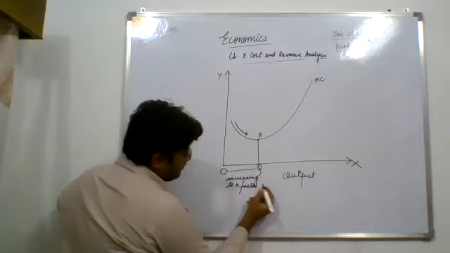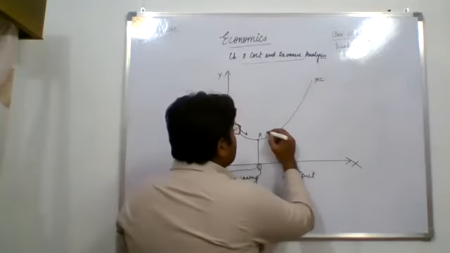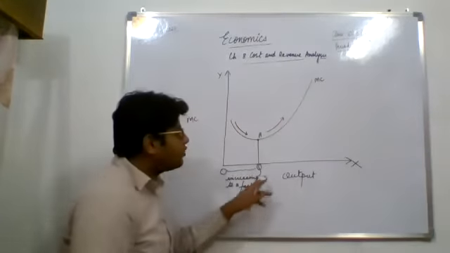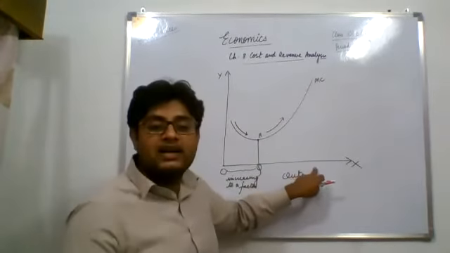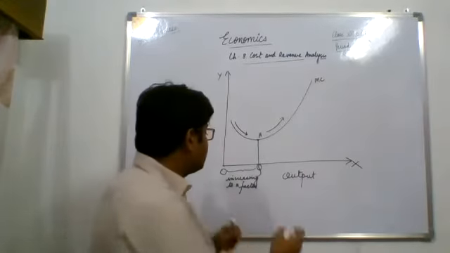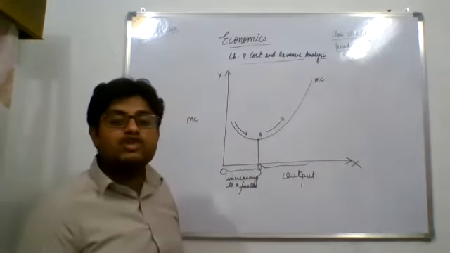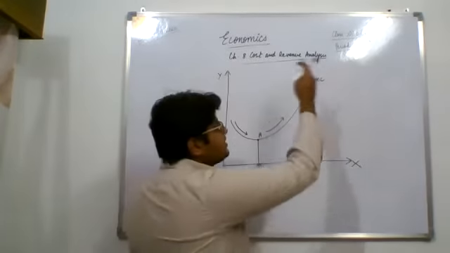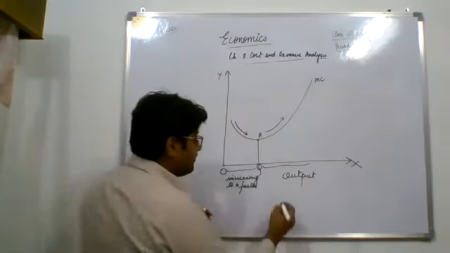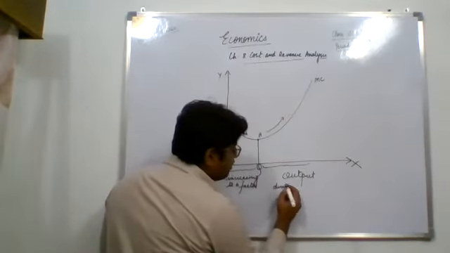The marginal cost falls, and eventually what happens, when more and more labor is employed on the given fixed factors, the law of diminishing returns, that is diminishing returns to a factor, starts operating and the marginal cost starts increasing.